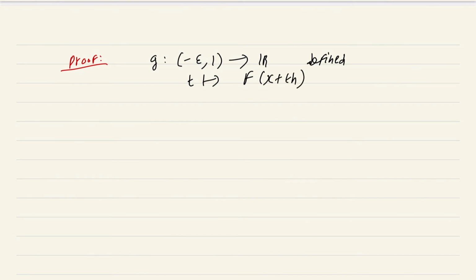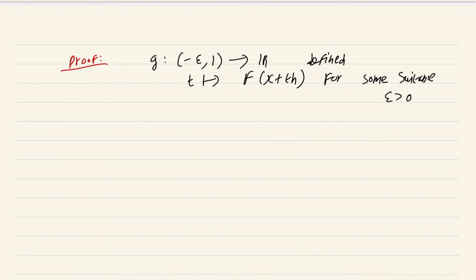This is well defined because the entire segment from x to x + h is fully contained in U, and U is an open set. Because U is an open set, I can push this a little bit further and take it to minus epsilon, for some suitable epsilon greater than 0.